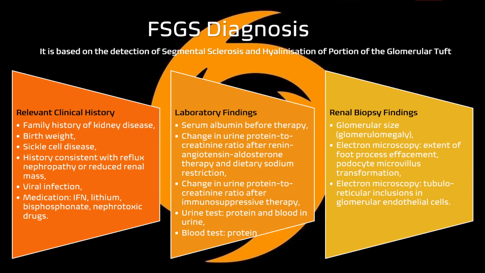In the context of FSGS diagnosis, it is based on the detection of segmental sclerosis and hyalinization around the glomerular tuft, where investigators and clinical teams are able to provide recipients who are suspect or high risk a more formal diagnosis.